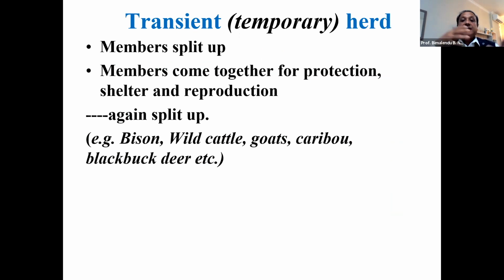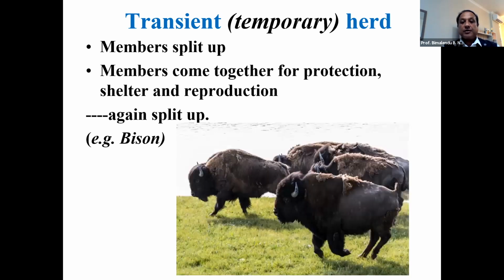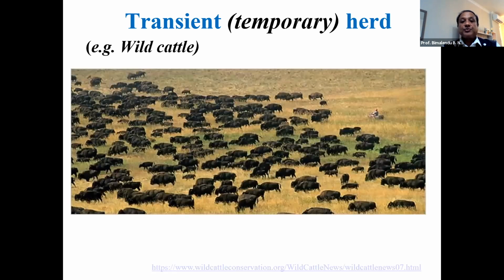Now, some herds can be transitory. Members split up, members come together for protection, shelter, reproduction, and again split up. You can find this in the bison, wild cattle, goats, caribou, black buck deer, etc. It's like a bison. You can see that this is quite common, that the herds are transient and split up. Again, they make a group and so on.